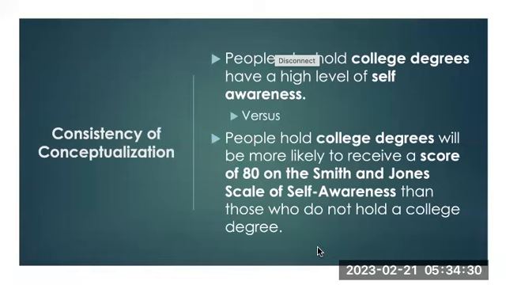So the conceptualization is much more clear in the second example, because the first one just says self-awareness. So what does self-awareness mean? It means that they will score at least 80 on the Smith and Jones scale of self-awareness. And when you say compared to whom, so the college than those who do not hold a college degree.